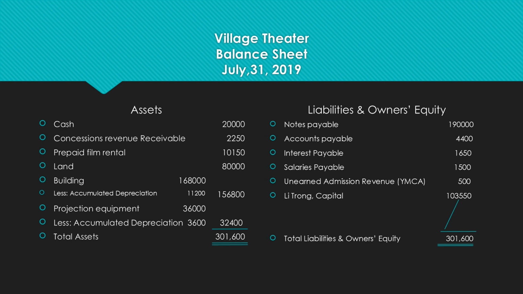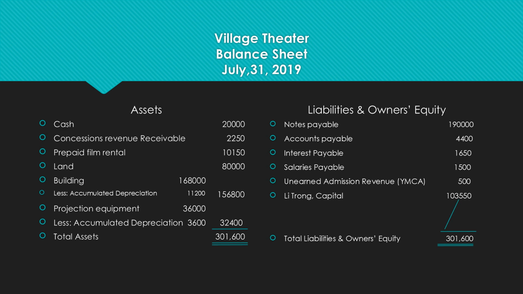Accumulated depreciation on the building by the end of July was 11,200. After deducting that 11,200, the book value of the building is 156,800. This is the value at which we show assets in the balance sheet.